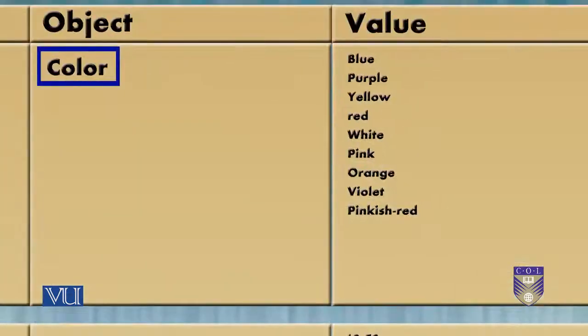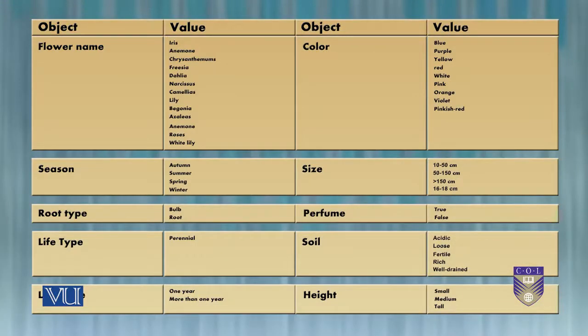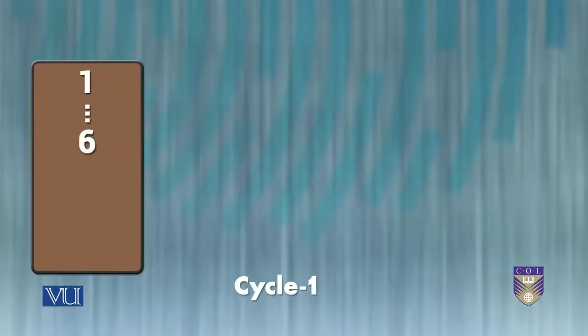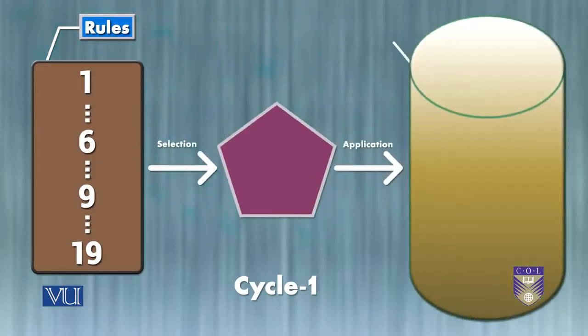Another fact about color, as the colors are orange, red, white, and pink. These are the facts that we already know about. Now, we wish to infer the white lily flower using the 19 rules that we have. We go through 3 cycles of the Rete algorithm and see if we can reach the solution or not.